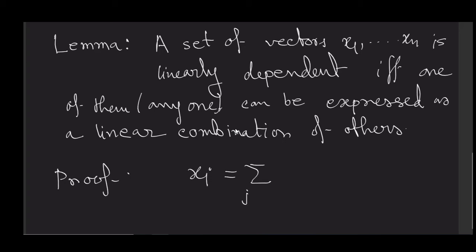So we can write xi is the sum over j from 1 to n, j not equal to i, of ajxj, right? Now we can add minus xi to both sides.